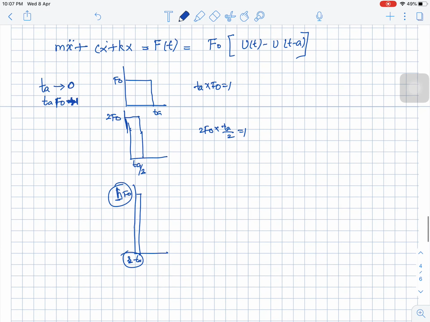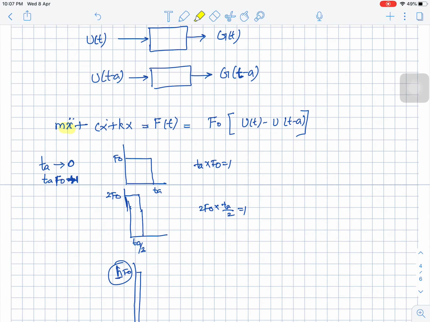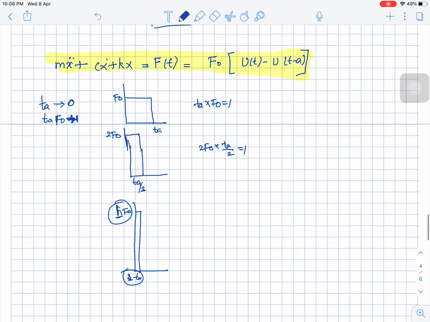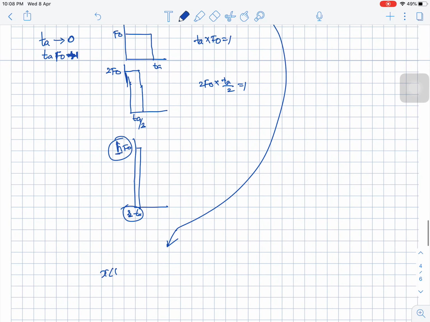So what the response I will get, for this configuration, since the system is linear, I will get the response like this. X of t will be g of t minus g of t minus a.